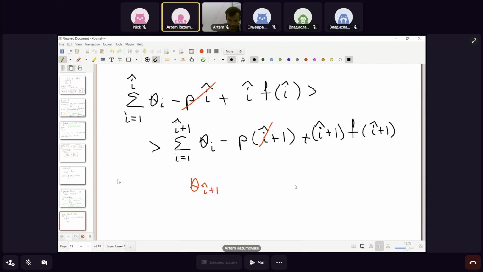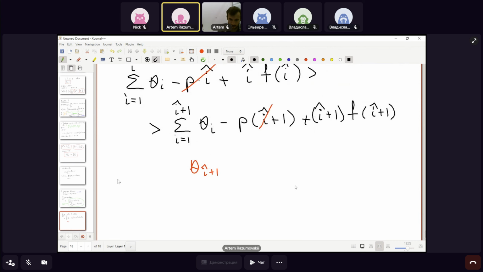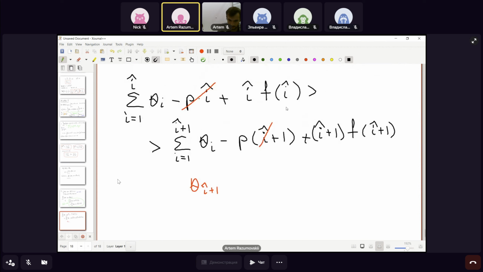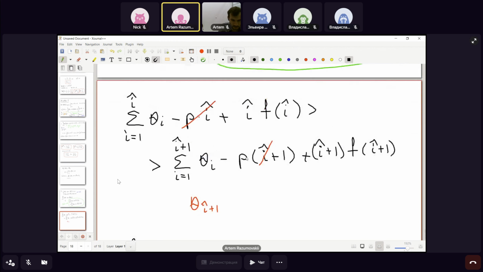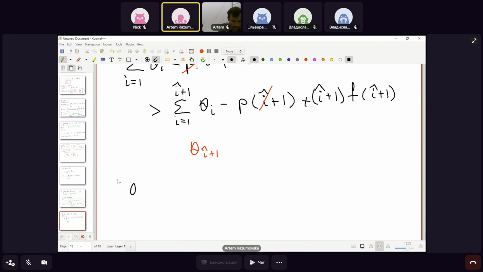So what we have, theta is out, so what is not out is I hat times the function of I hat.